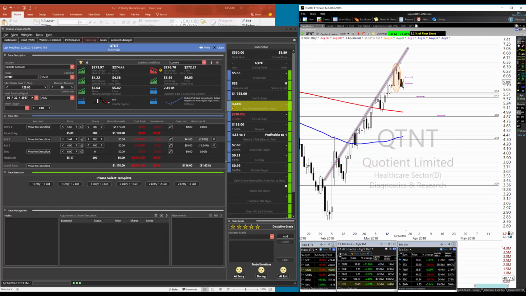That looks about right there, and if we just move it down to the channel, it looks like it's still pretty close to holding. So to me, this hasn't broken the trend yet. Not quite. But that's how I would plan it out if I was planning it. I hope that helps.